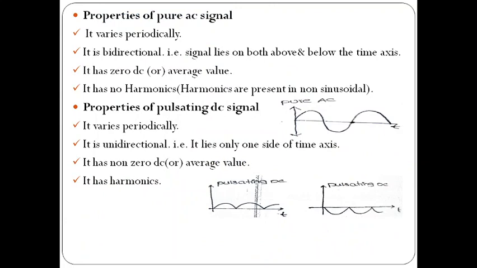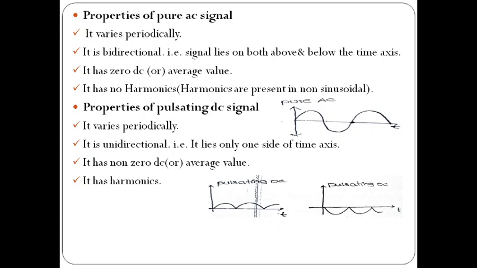Now we will discuss the properties. Here I am indicating the pure AC signal as a sinusoidal signal. From that we can observe it varies periodically, and the signal is bidirectional. That means the signal lies both above and below the time axis, and the average value of the sinusoidal signal is always 0.